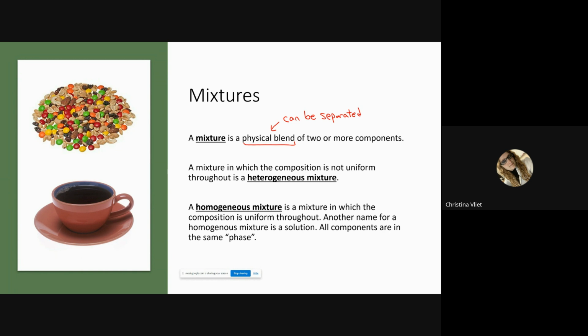A mixture is just two or more components together. These components could be different pure substances, meaning some kind of combination of elements, ions, compounds.